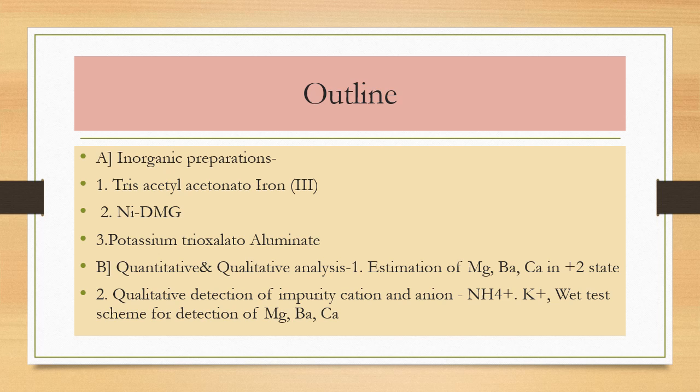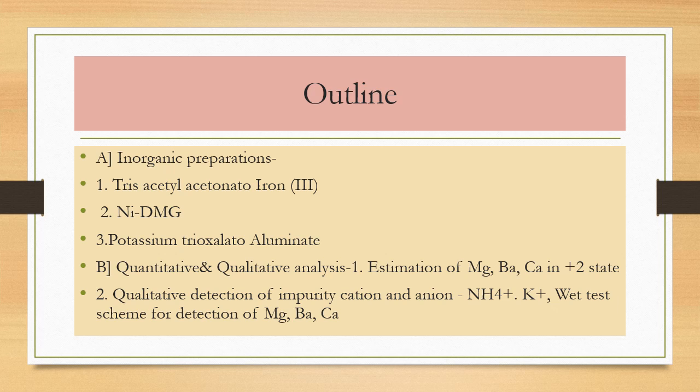So estimation of magnesium, barium, calcium or strontium by the complexometric titration method is expected, and qualitative detection of impurity cation and anion includes NH4+ and K+ as the impurity ions which are mixed with the major component.